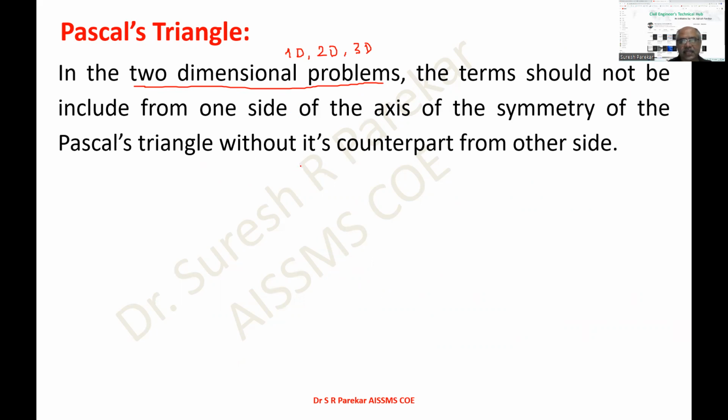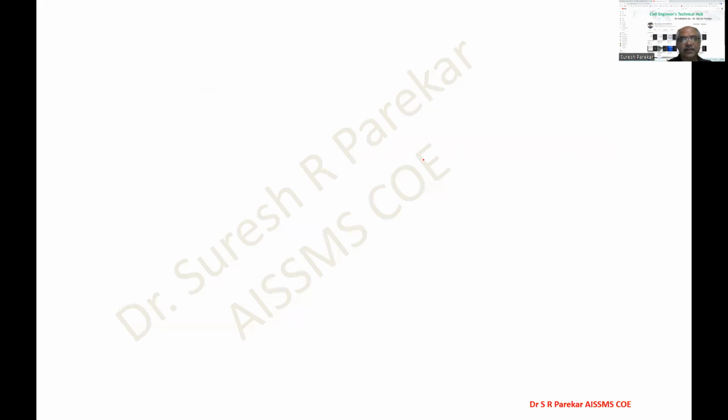And in Pascal's triangle, this is again an important one, we have to consider the terms using the axis of symmetry. So we cannot select terms from one side of the axis. We have to consider its counterpart on the other side or from the other axis.